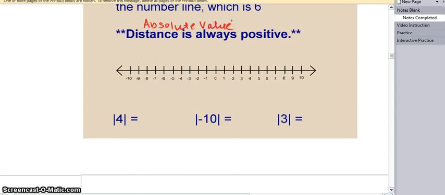And here are some examples. The absolute value of 4 is going to be the distance from 0 to 4. So see if you can figure out what the absolute value of 4 is. If you said 4, you're correct, because that's the distance from 0 to 4. See if you can figure out what the distance is from 0 to -10 on the number line.